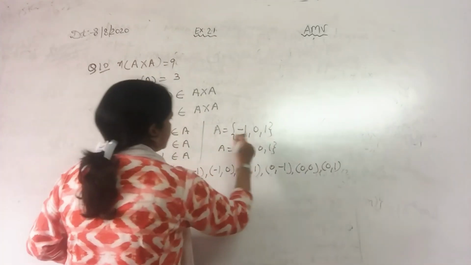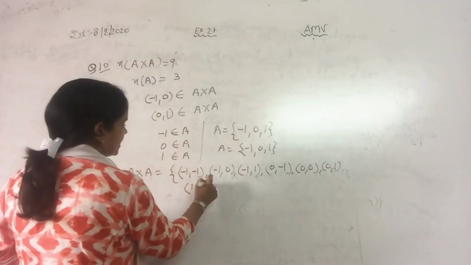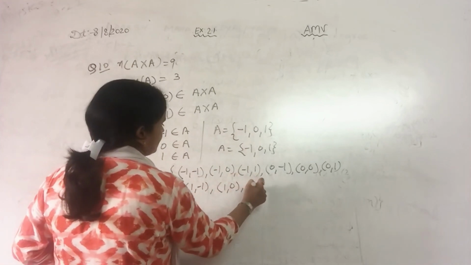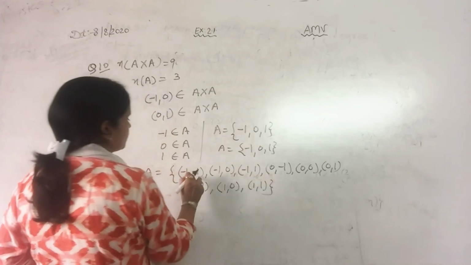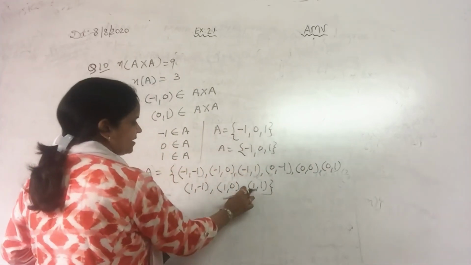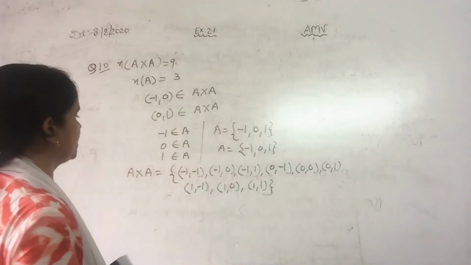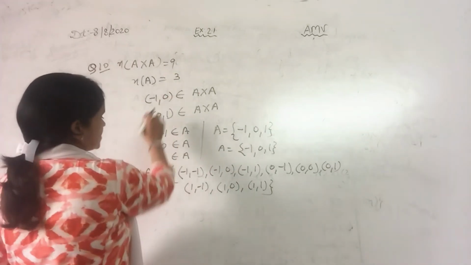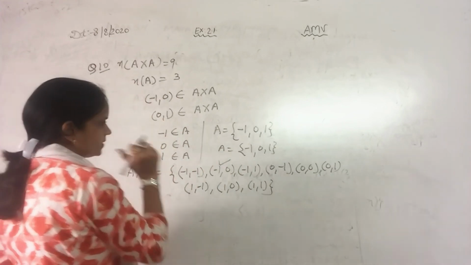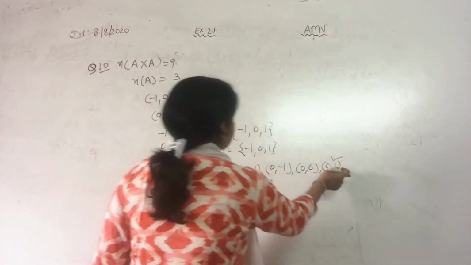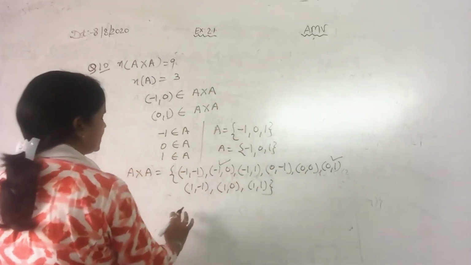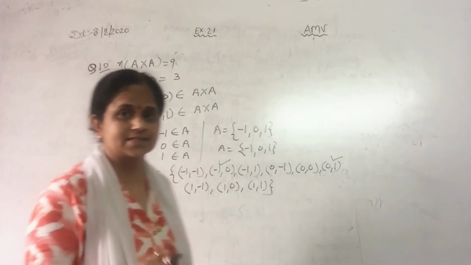And next would be (1, -1), here (1, 0) and (1, 1). Okay, so 1, 2, 3, 4, 5, 6, 7, 8, 9 elements. Okay, 2 are given, (-1, 0) and (0, 1). So don't write these 2 elements in the answer, write all the remaining elements. Now the exercise ends here.